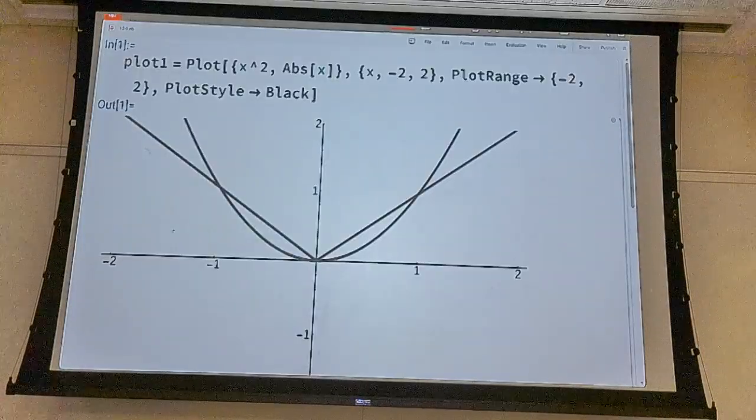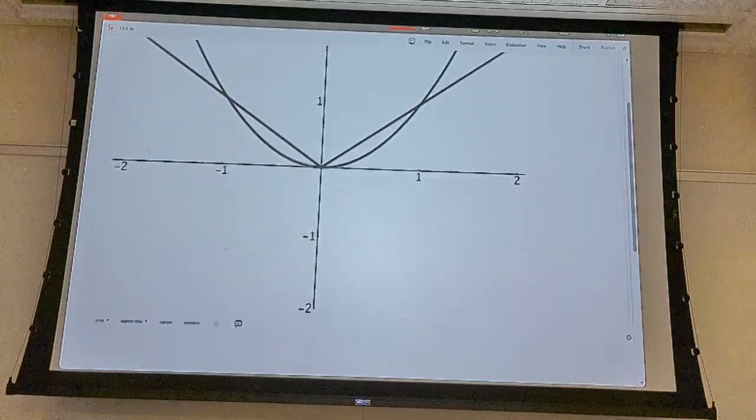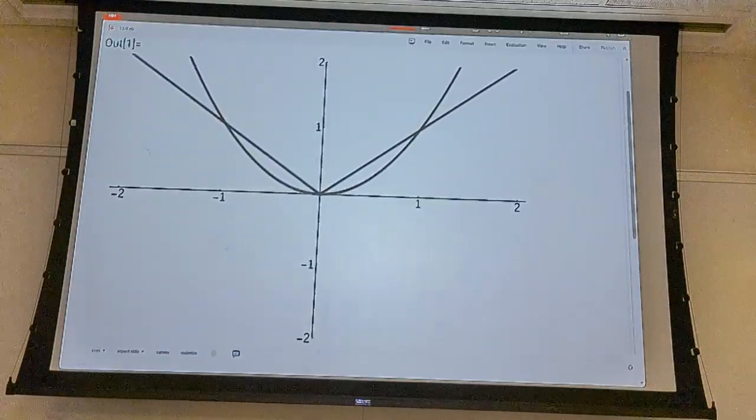Where do they intersect? At 1. And at 0. Technically, yes. In this one. And at a negative. Yeah, but you can't assume that's the scale.